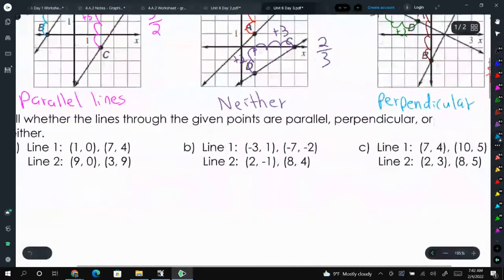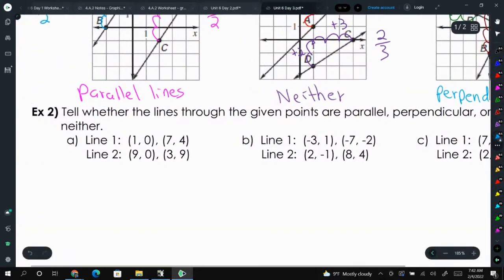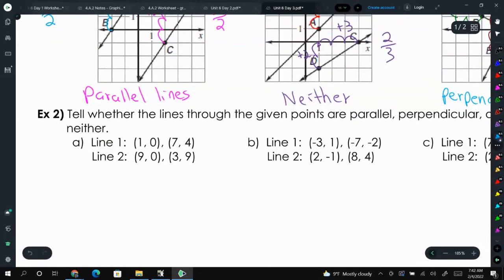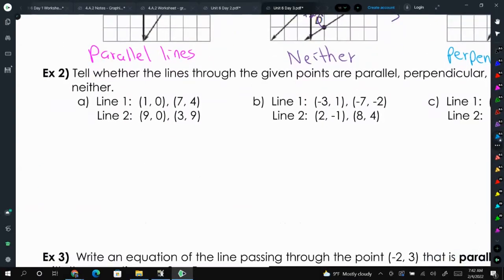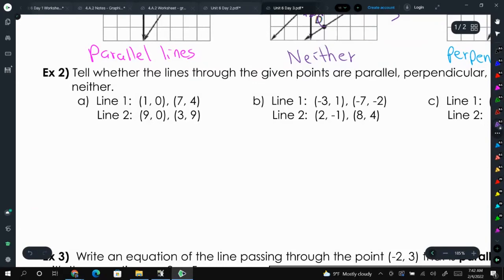So down here, we're going to do the same thing, determine if these lines are parallel, perpendicular, or neither. But instead of counting from the graph, we're going to use the slope formula. So remember the slope formula, and I'll write it once up here so that we have it to refer to for these problems: y2 minus y1 over x2 minus x1.